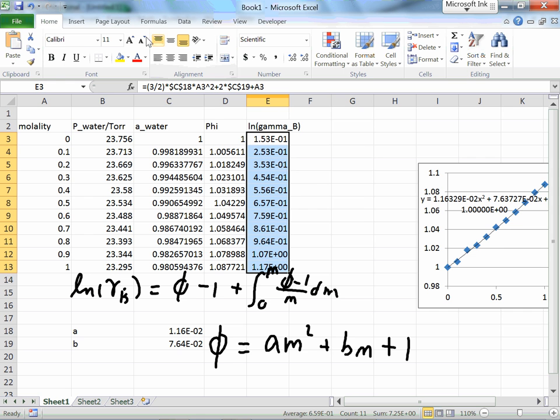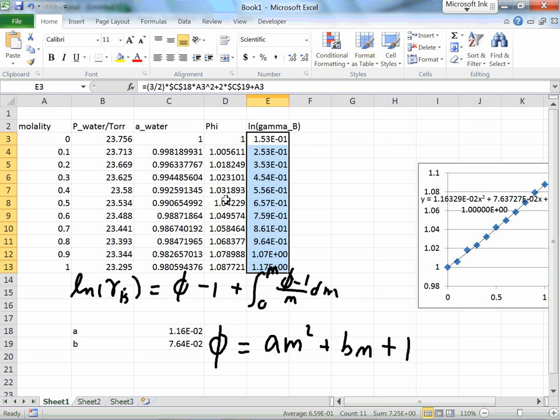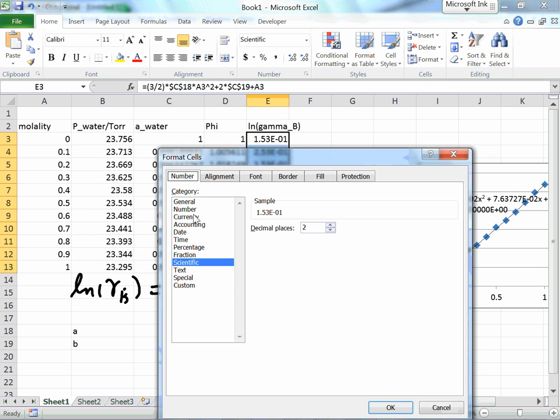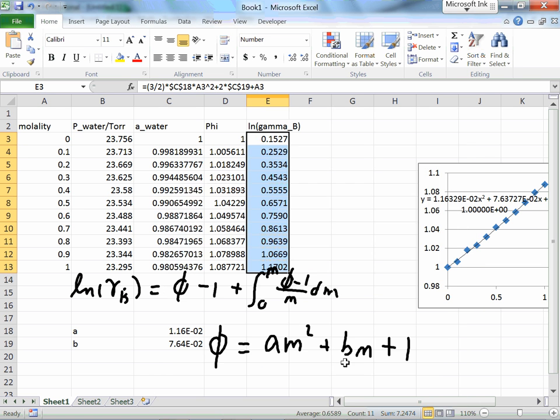And let's put that in regular format. Okay. Number, let's just say 4 decimal places. And you can see that should more or less match up with what you have.